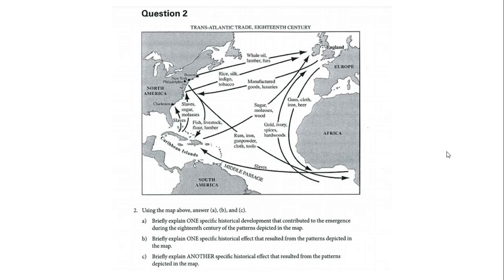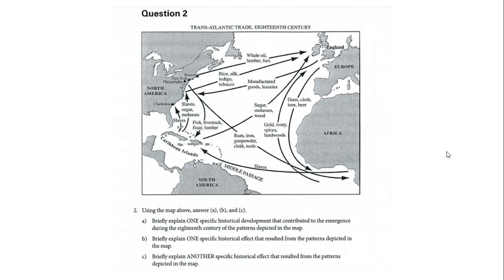Part A simply says, briefly explain a historical development that contributed to, caused the emergence during the 18th century of the patterns depicted in this map. So in other words, what were some of the causes that led to increased transatlantic trade in the 1700s?